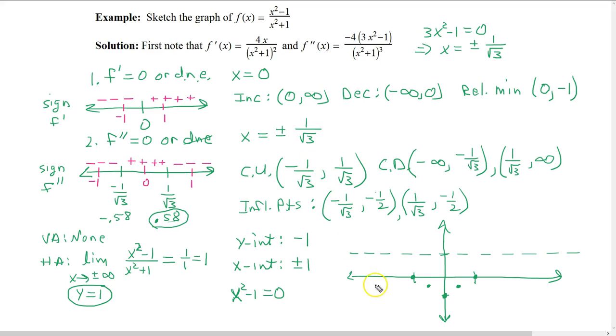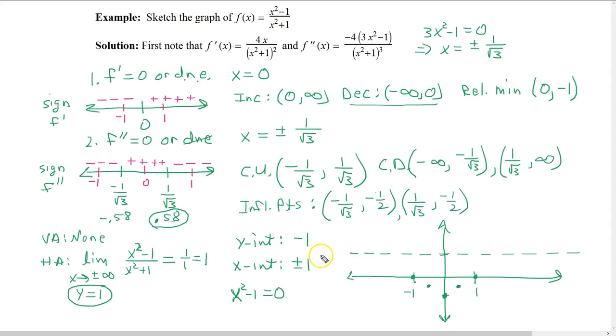Now, as we go from -infinity up to -1, right, there's -1, our function is decreasing right there, and we have to be hugging this line right here, this dotted line.